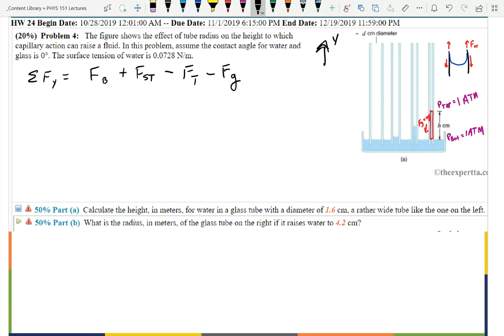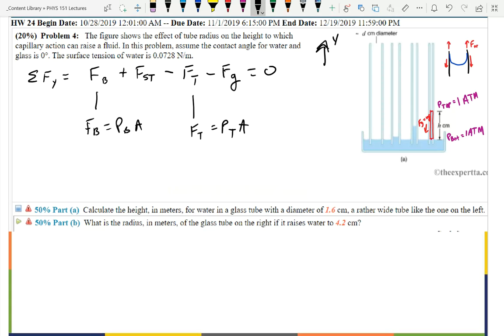And if this is staying stationary, what do we know the sum of the forces is going to have to add to? 0. So this is equal to 0. Well, the force at the bottom is equal to the pressure at the bottom times area. The force at the top is equal to pressure at the top times area.